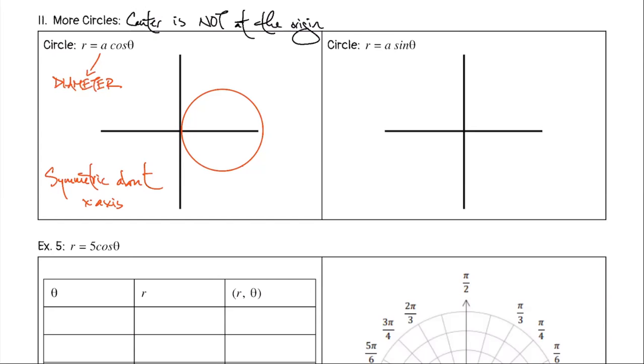Now what that means is this point out here is going to be a comma 0, and the center of the circle is going to be a over 2 comma 0. All right, so a is the diameter, it's not the radius. Okay.